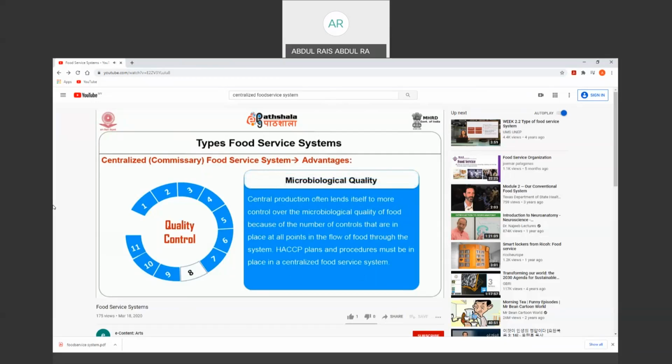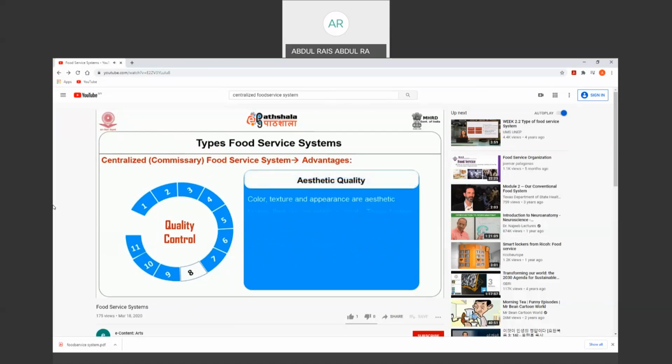Central production often lends itself to more control over the microbiological quality of food because of the number of controls that are in place at all points in the flow of food through the system. Hazard analysis critical control point, or HACCP, plans and procedures must be in place in a centralized food service system.